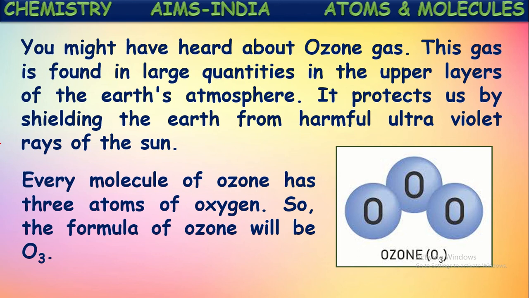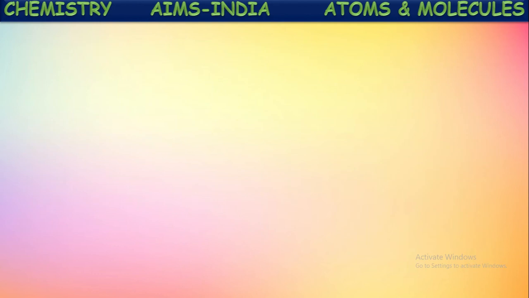Here O represents the element by which it is formed, and this number represents the number of atoms of that element combined to form one molecule of that substance. O3 represents that in each molecule of ozone there are 3 oxygen atoms combined. Understood? Next.